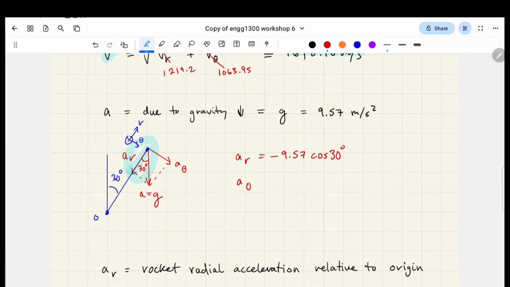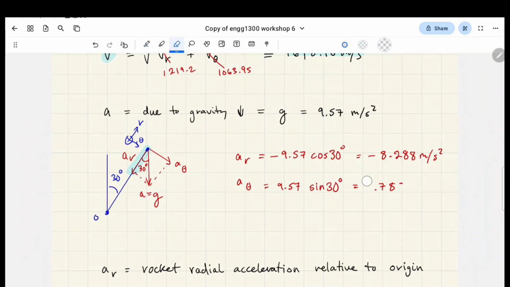And then A theta is positive, going in the positive theta direction, and that one will be gravity sine 30.